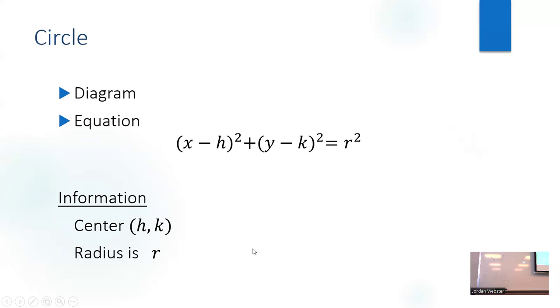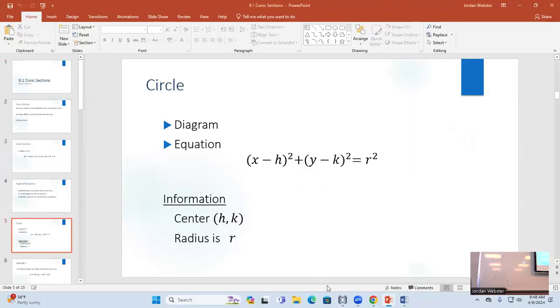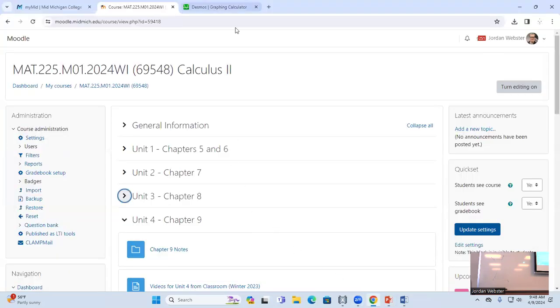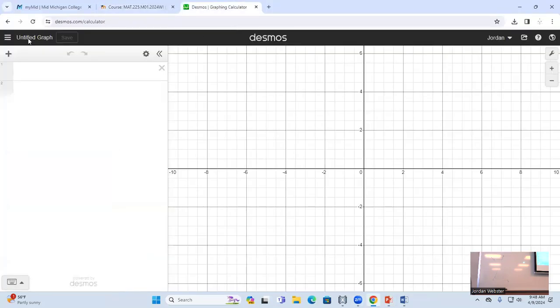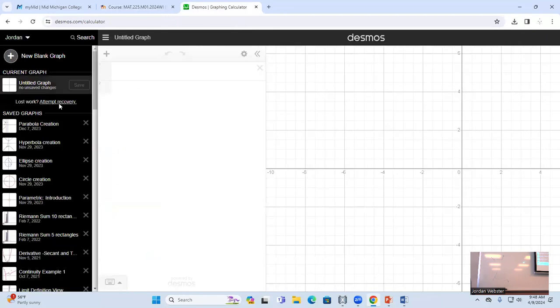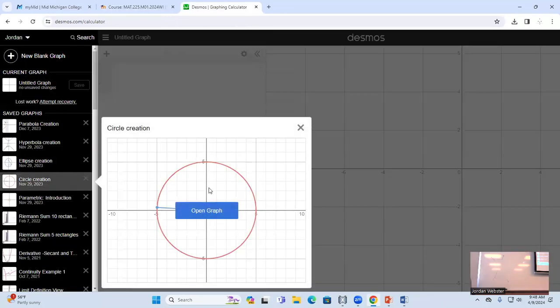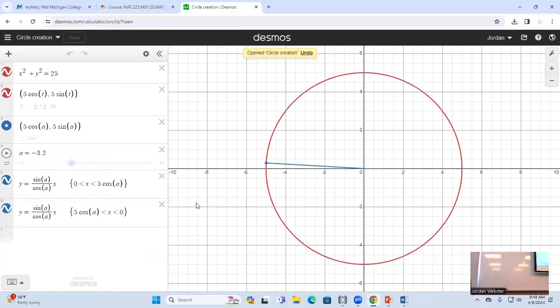Let's check that out via Desmos. So here we have a circle centered at 0, and the radius is 5.